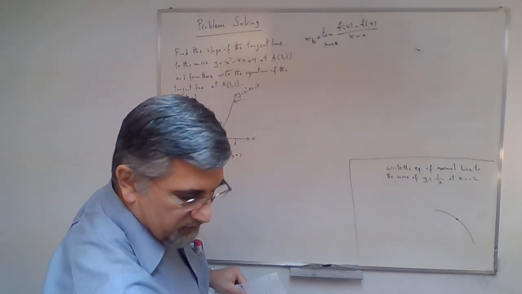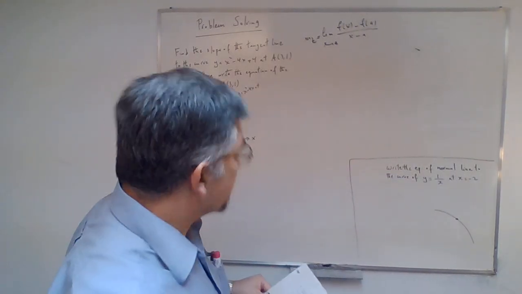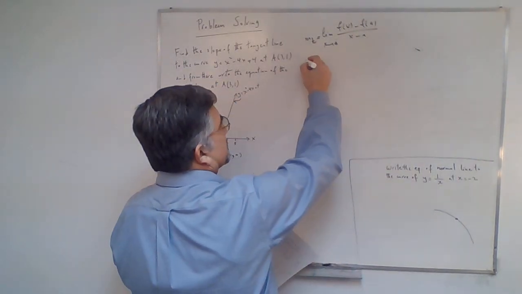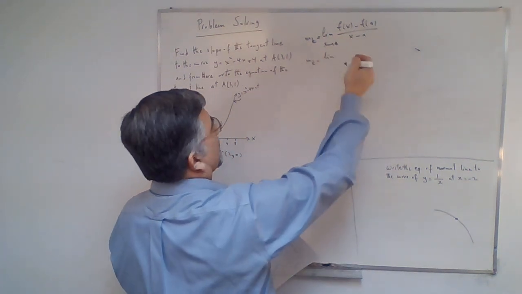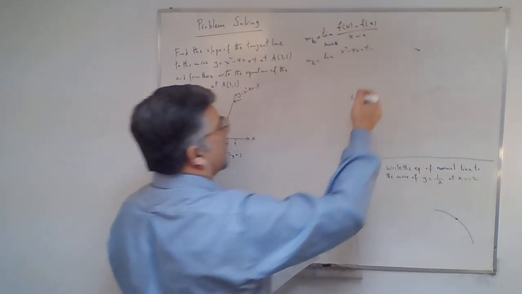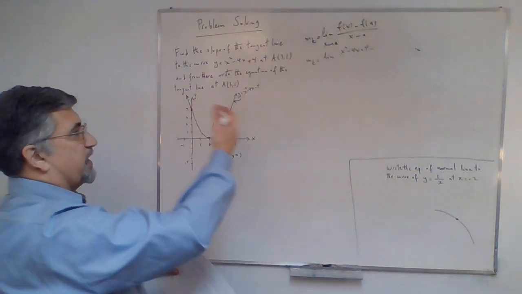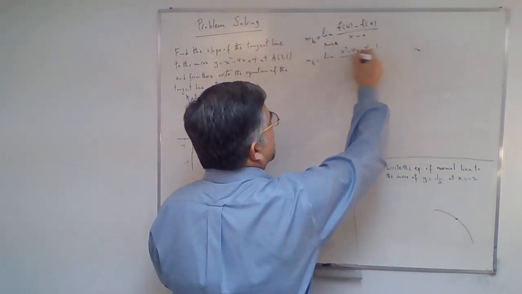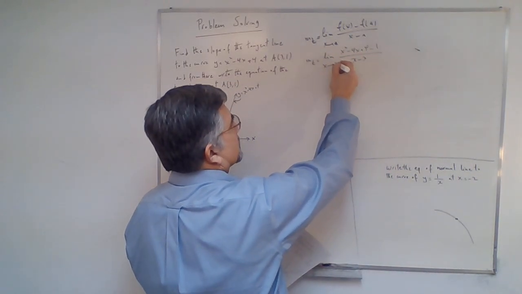This is the formula for the slope of tangent, okay? And in this particular situation, we have a limit of x squared minus 4x plus 4 minus f at 3, which is 1 actually, and then divided by x minus 3, and x approaches 3 basically.